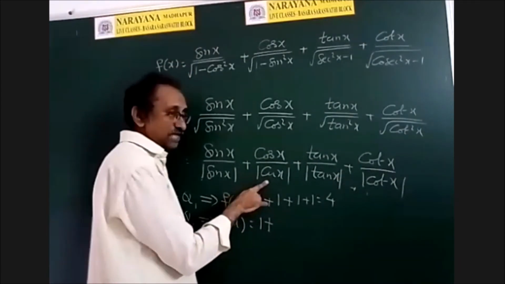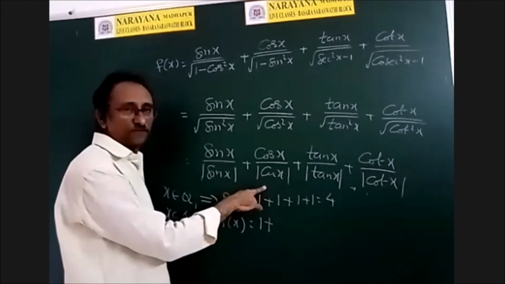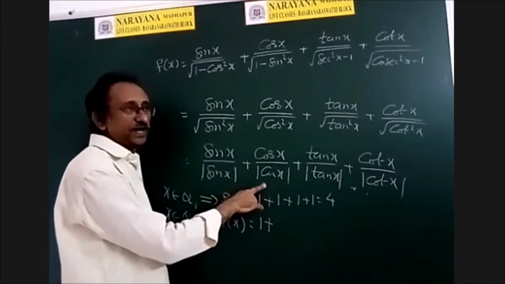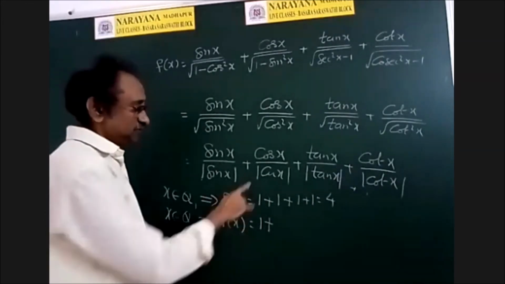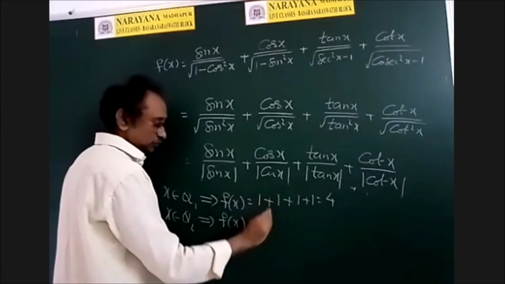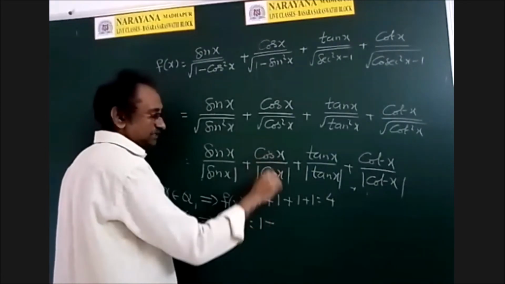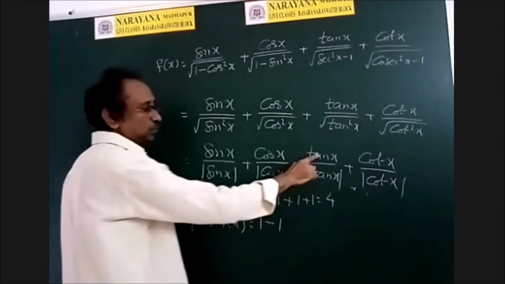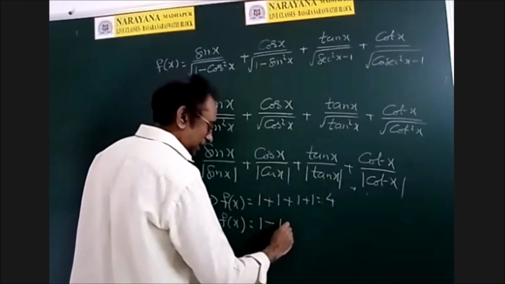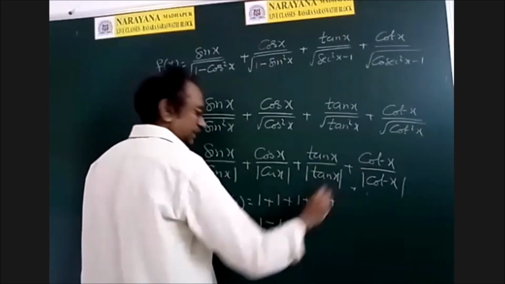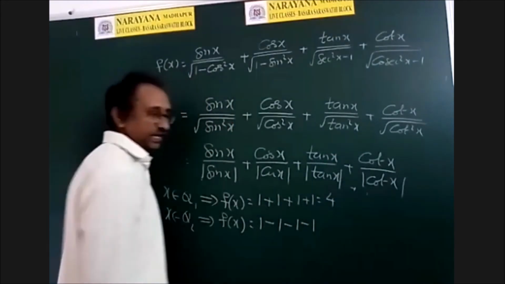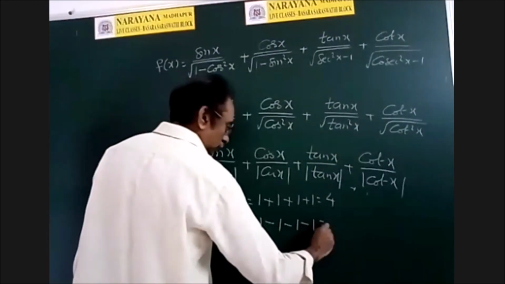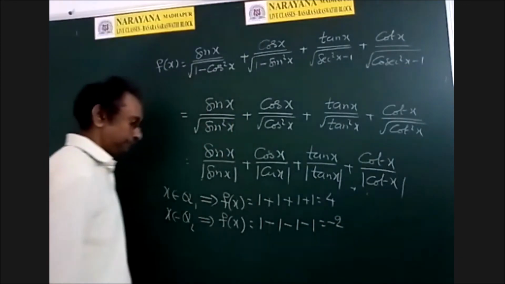Therefore, mod cos x can be written as, by definition of mod x, if x is negative, mod x can be written as minus x. So this is minus cos x. So minus of cos x by cos x is minus 1. Similarly, tan x by minus tan x is minus 1. Cot x by minus cot x is minus 1. Therefore, you will get minus 2.